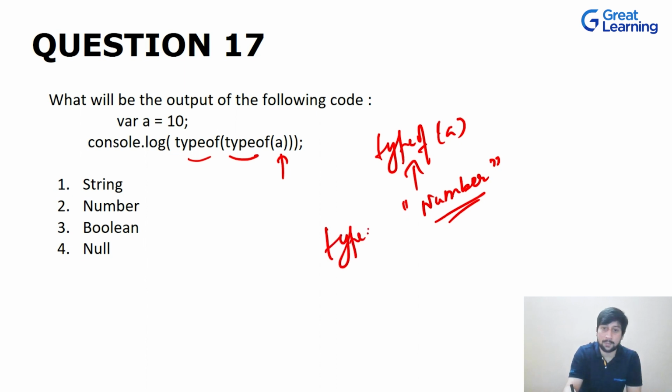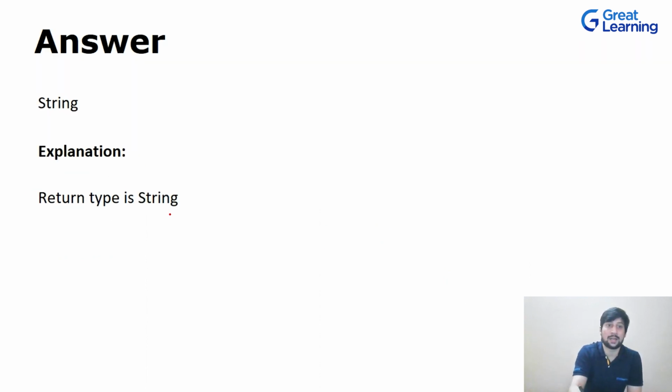Now the next type of, which is the outer type of, will take this as an argument, and it will be treated as a string. So it will say that this is a string. So the correct option is string, not a number. The return type of typeof is a string always. That is why when you do a next type of, it will give you that this is a string.